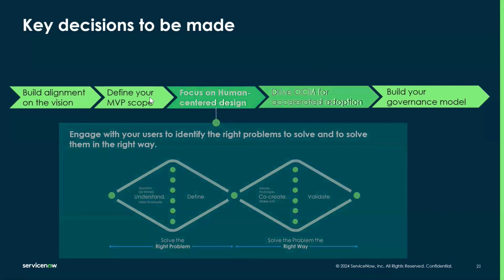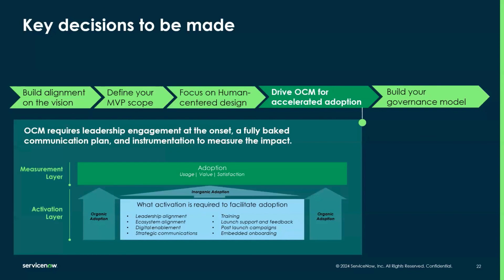Then OCM is a big part of this as well. The OCM, or the organization change management, is not just at the end user level, it is also often at the content creator or department leads or catalog leads level.